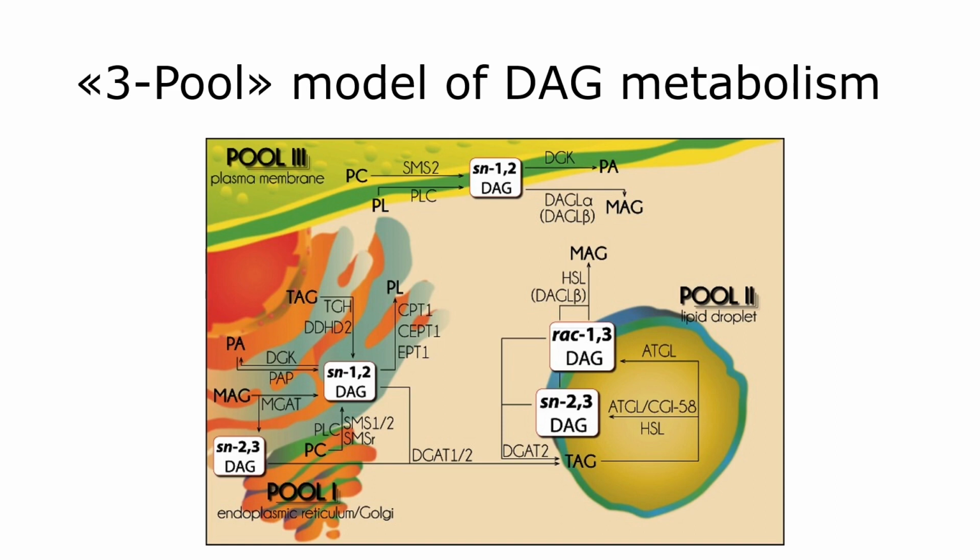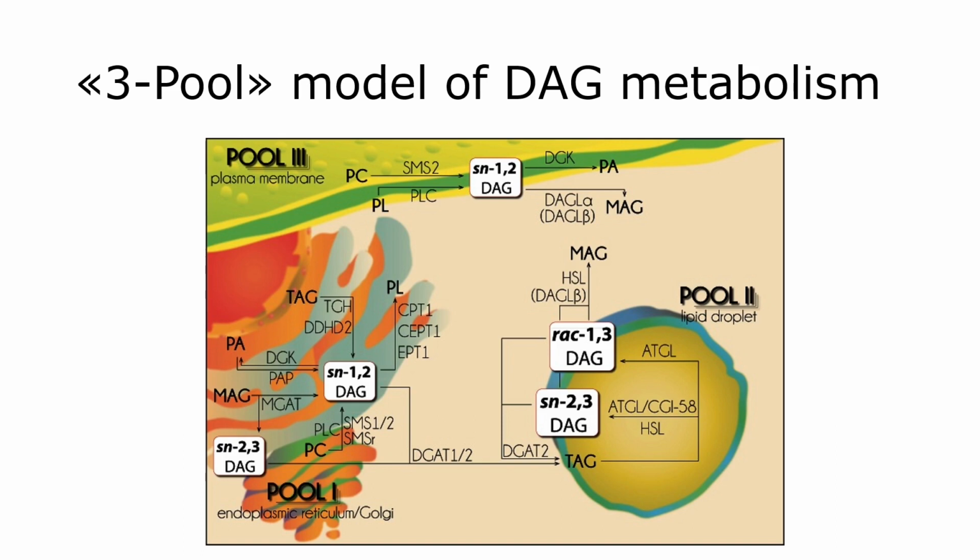The second pool is located in lipid droplets, and it is the rac-1,3 and sn-2,3 isomers. So isomers from this pool are also used only in getting other compounds.